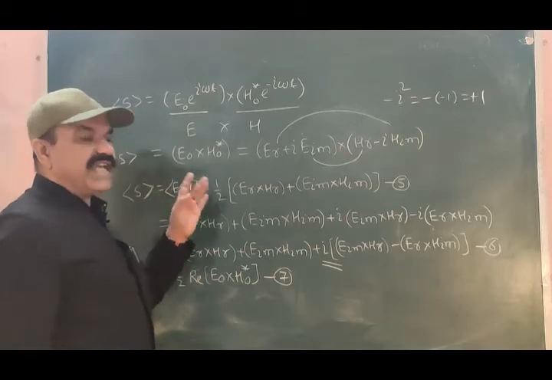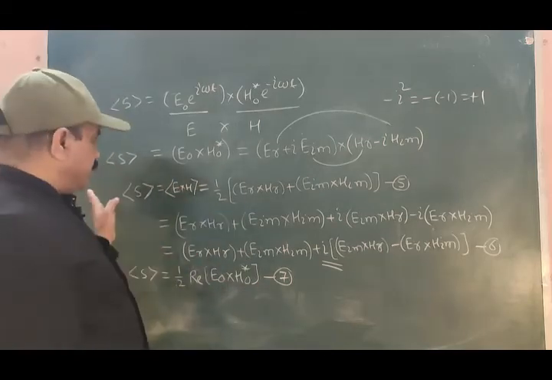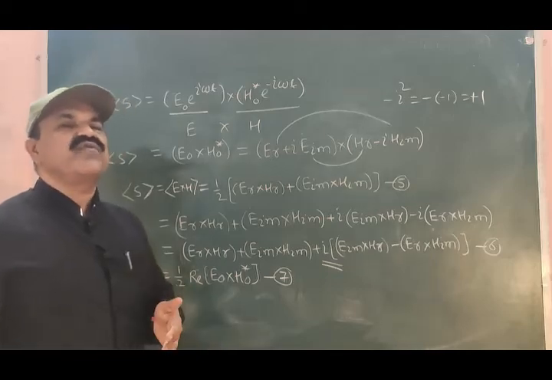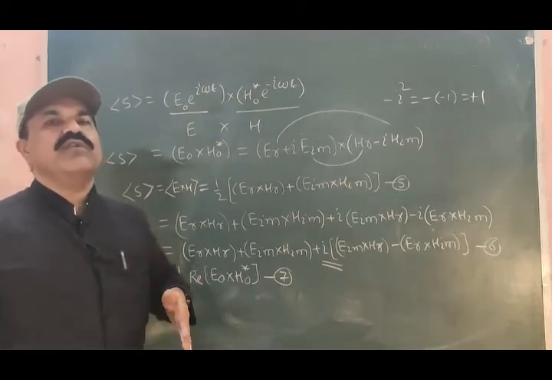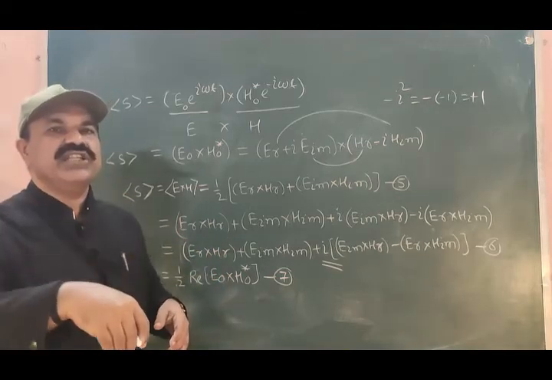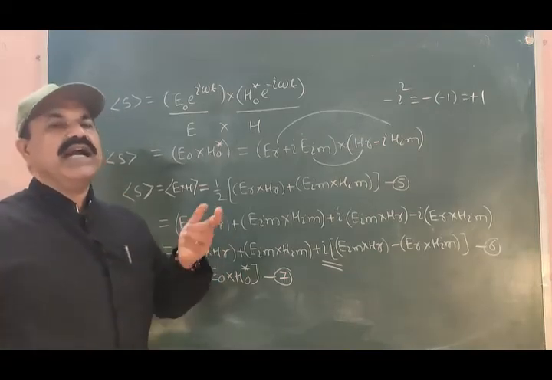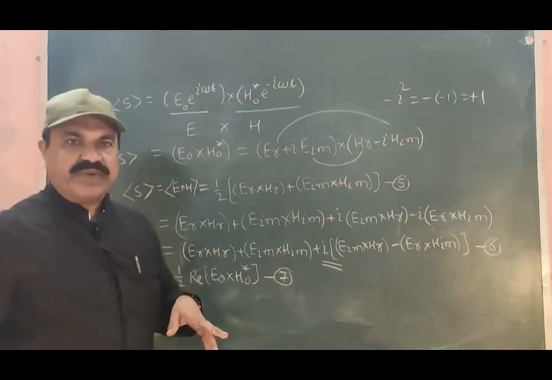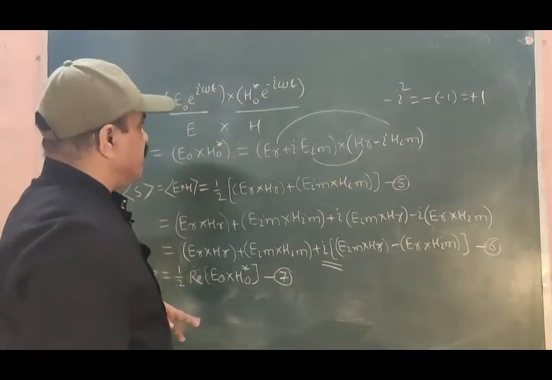Just similar to the time average values of the Poynting vector, we can also write the expressions for the time average values of the electrostatic energy stored in the electromagnetic field and the magnetic energy stored in the electromagnetic field. Let me put this here.